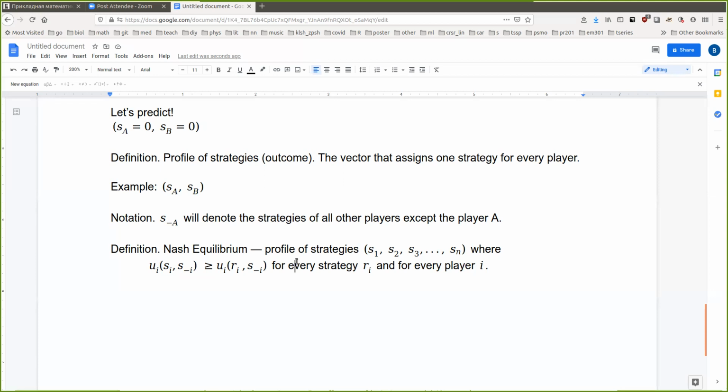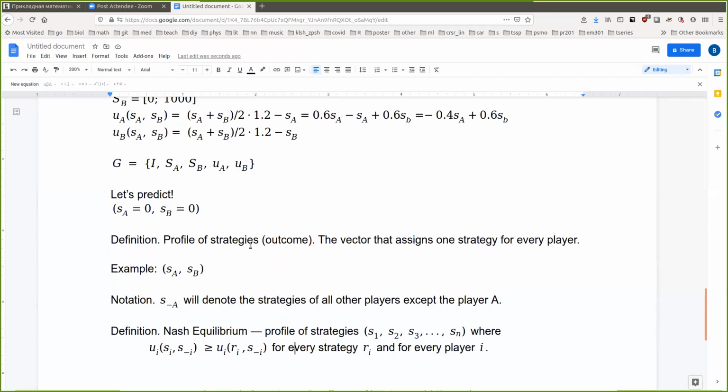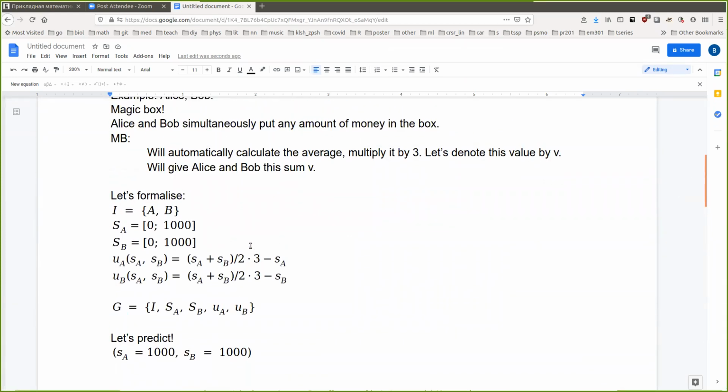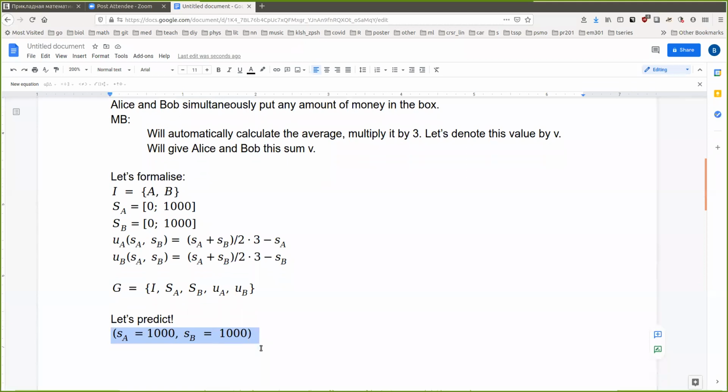Okay, and let's check that in our two games, Magic Box 1 and Magic Box 2, indeed these two predictions are just a Nash equilibrium.